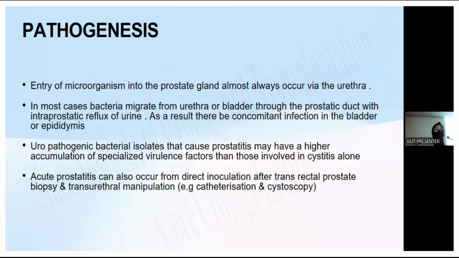The pathogenesis involves the entry of microorganisms, most commonly gram-negative organisms, into the prostate gland. It may be a direct ascending infection from common UTIs, or it may be due to instrumentation.